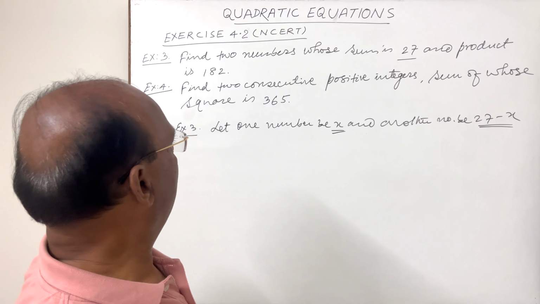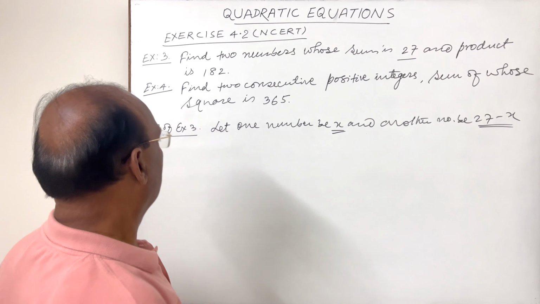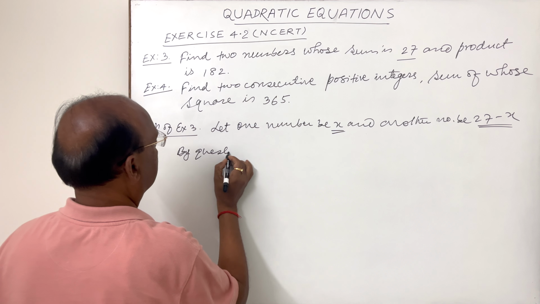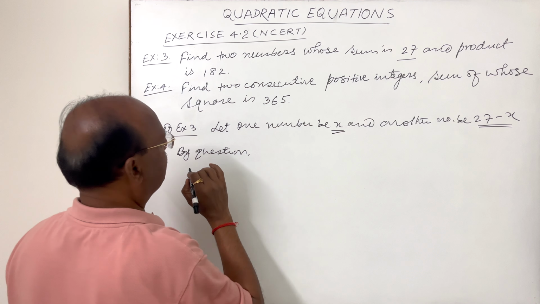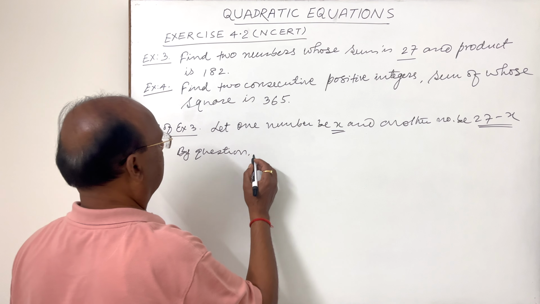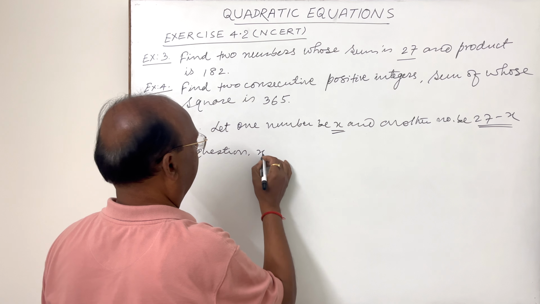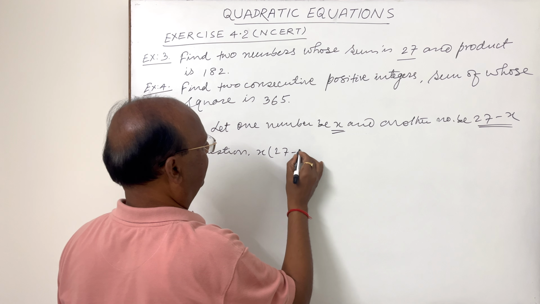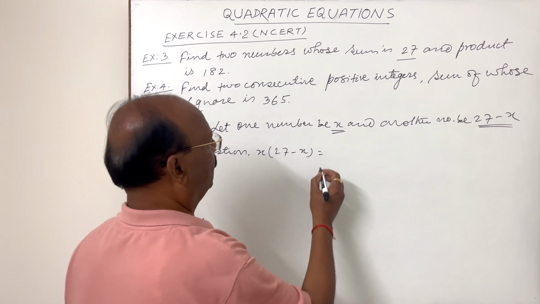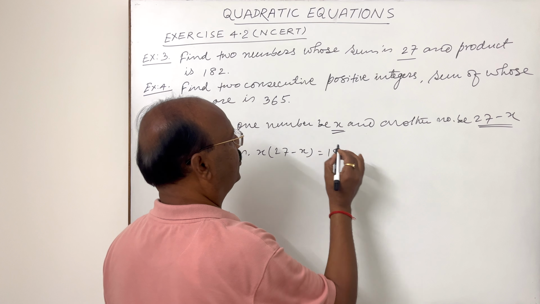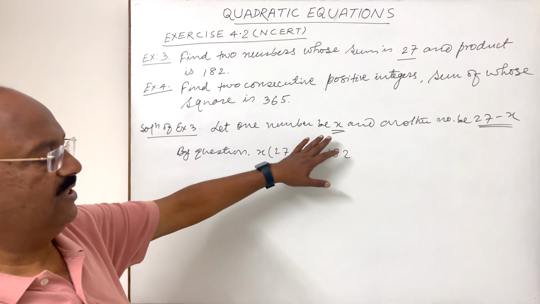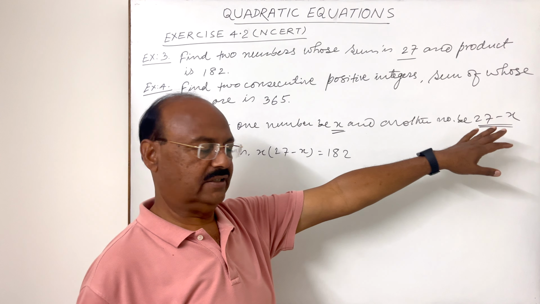And the product is 182. So by the question, we can write that the product of these two numbers, meaning the product of x and 27 minus x, is 182. So we have to find these two numbers, x and 27 minus x.